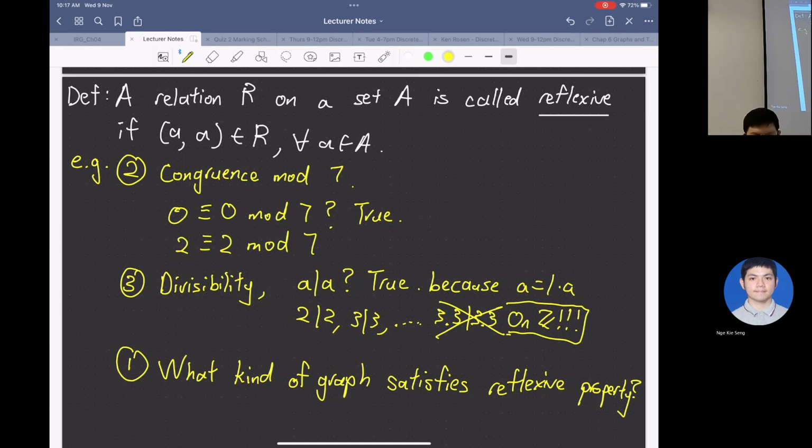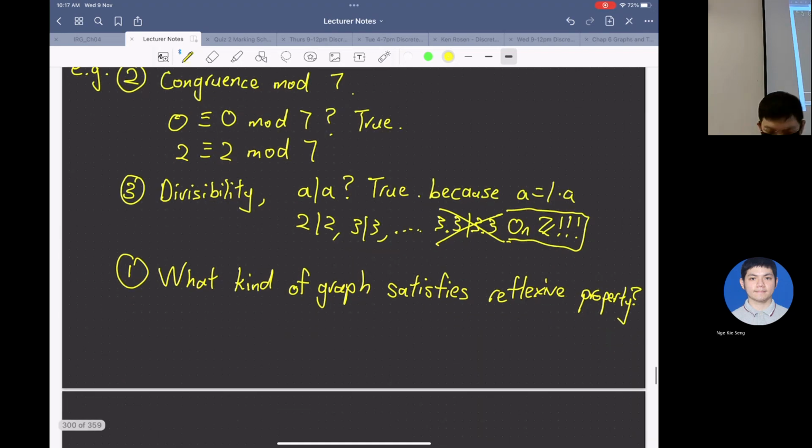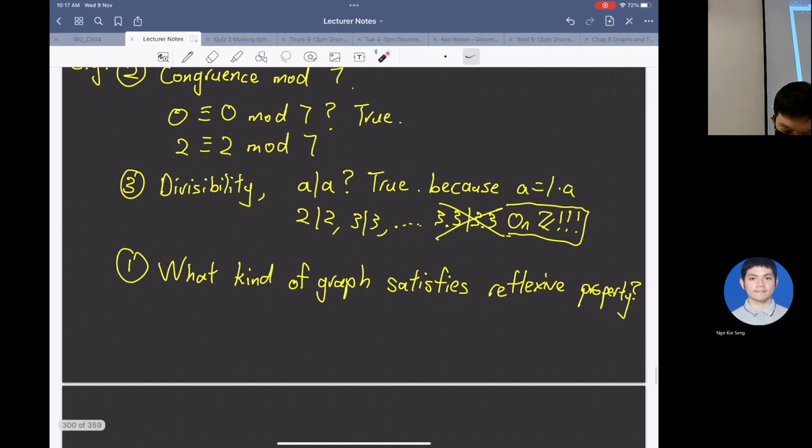What kind of graph satisfies the reflexive property? Y equals x. Yeah, y equals x. Why is it y equals x?